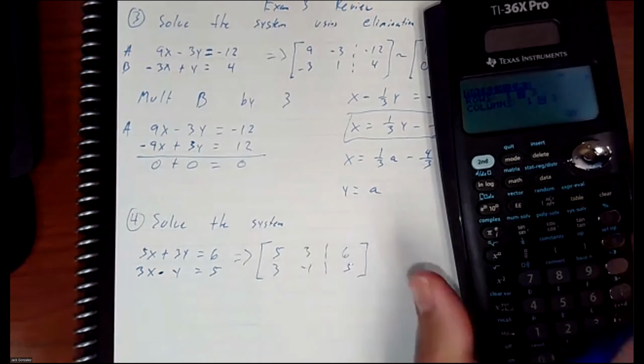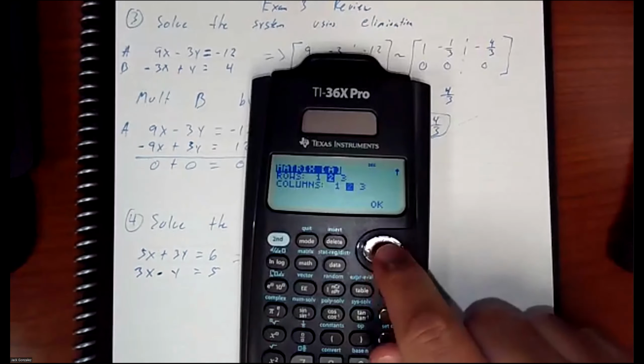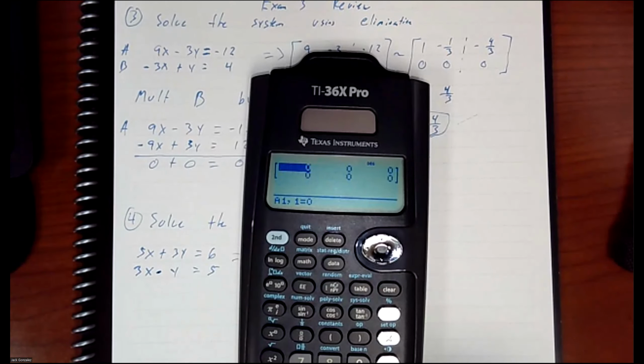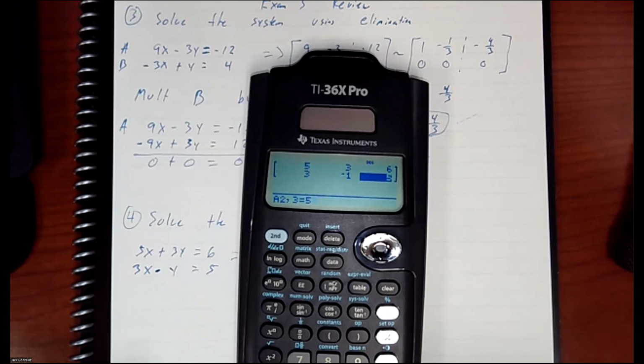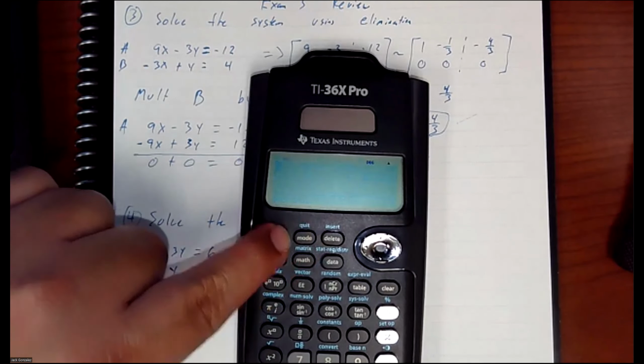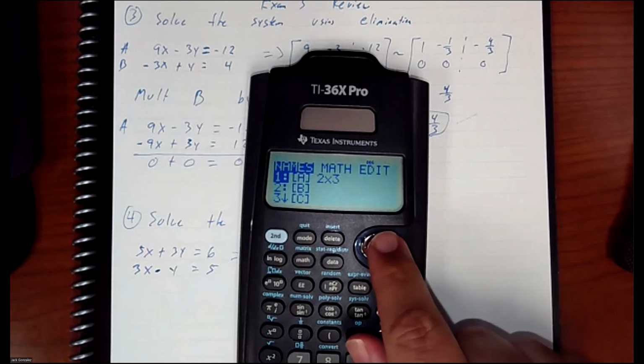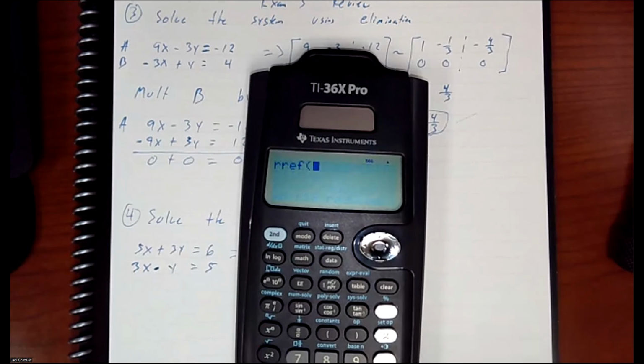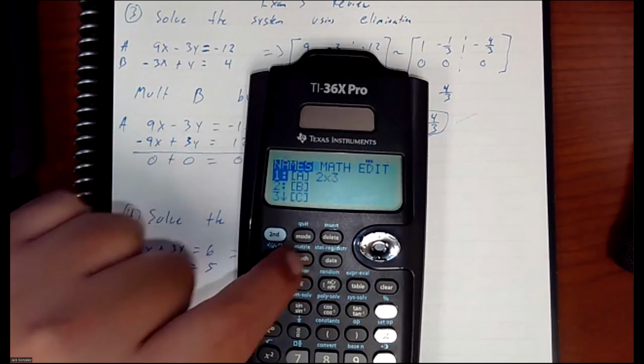So I have 2 rows and 3 columns. Enter your stuff. So 5, 3, 6, 3, -1, 5. Quit. Back to the menu. Math, all the way to the bottom. RREF. Back to the menu.